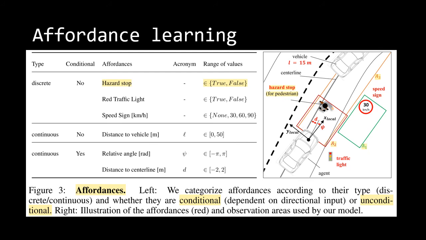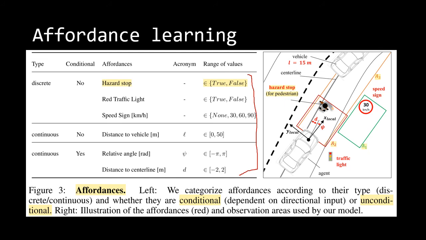Here this is divided into conditional and unconditional, but basically you have examples of: is there a hazard stop, is it true? Then it's true or false, traffic light, yes, no, speed limit, and so on. And based on that, which is a very compact representation, you can make proper decisions.